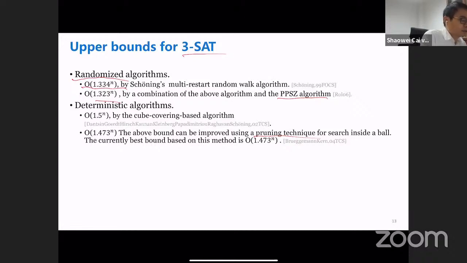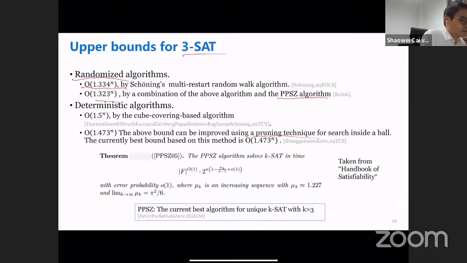Okay, so these are the theoretical results of algorithms. And for a model known as unique k-SAT, which means there is a unique solution in the formula, the current best algorithm is PPSZ in 2005.